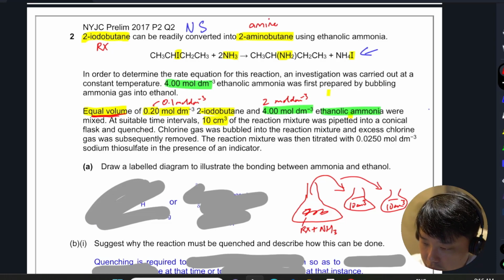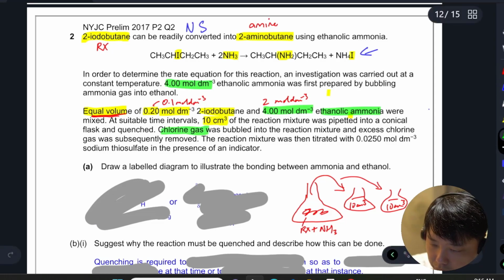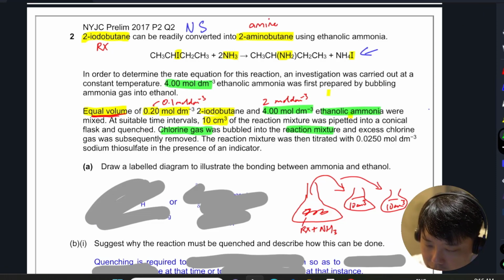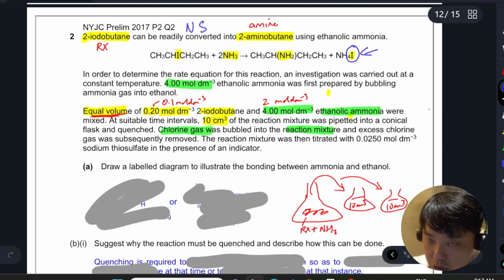Okay, so then they say chlorine gas was bubbled into the reaction mixture and excess gas was removed. Why was chlorine gas bubbled into the reaction mixture? You must remember, after the reaction, there will be some I minus that was produced.